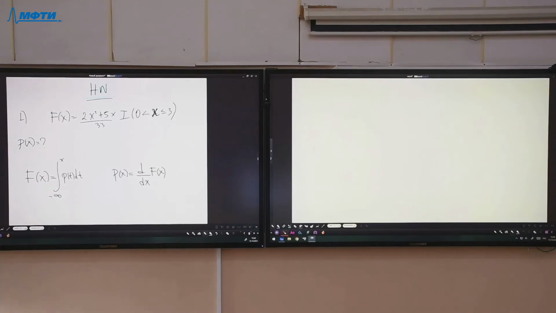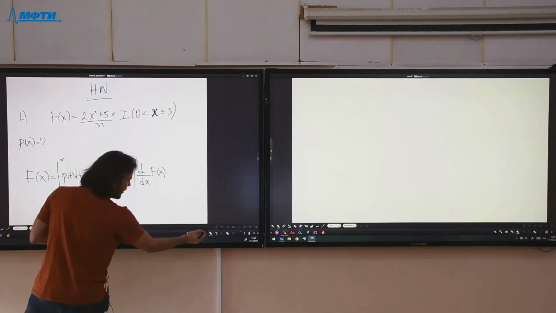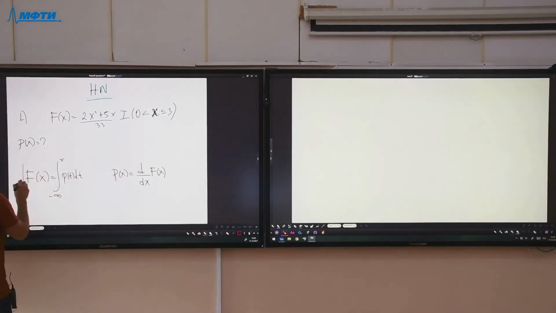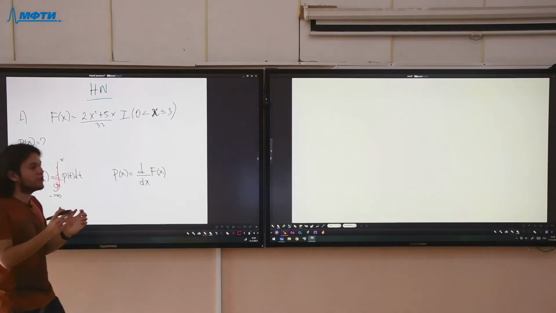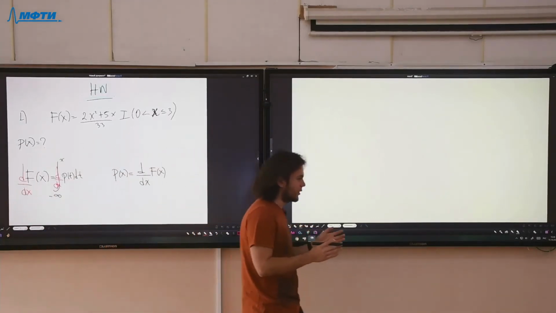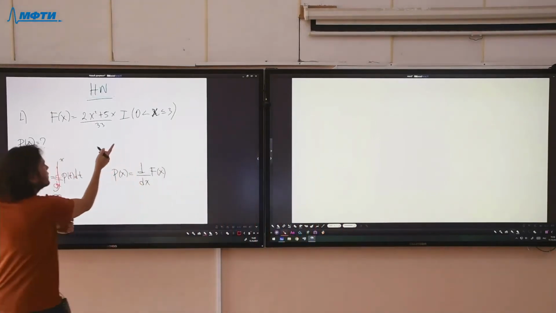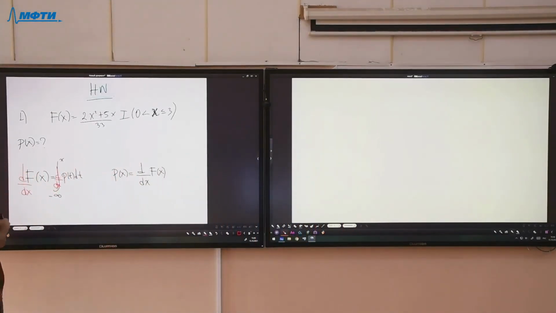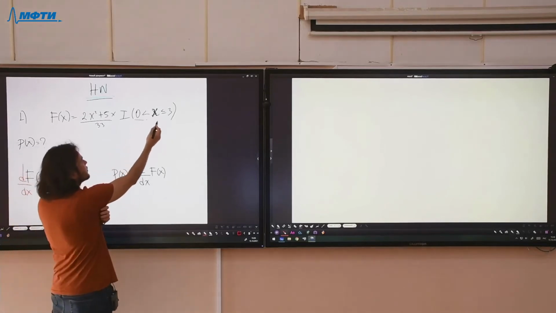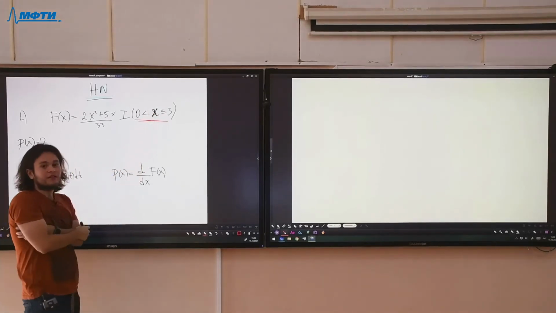We have to find the derivative here and the derivative here. This gives us just the PDF. That's it, right? But this is possible only in the points in which this function is differentiable. In which points is this function differentiable? Well, in the points where x belongs to this interval, right?